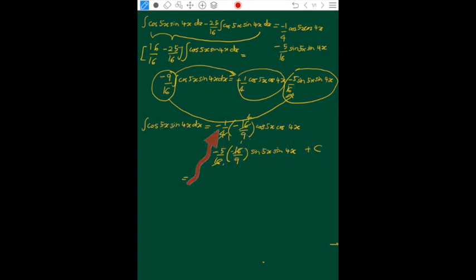Negative negative becomes positive, so it is 4/9 cos 5x cos 4x, and then this one, negative negative becomes positive, plus 5/9 sine 5x sine 4x plus c.